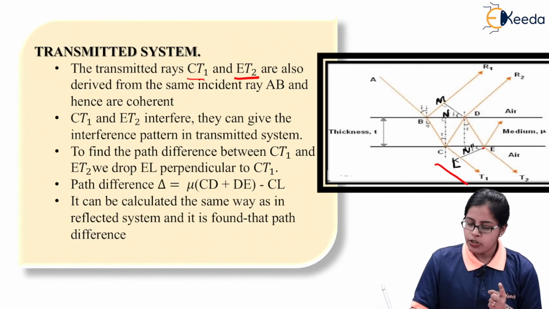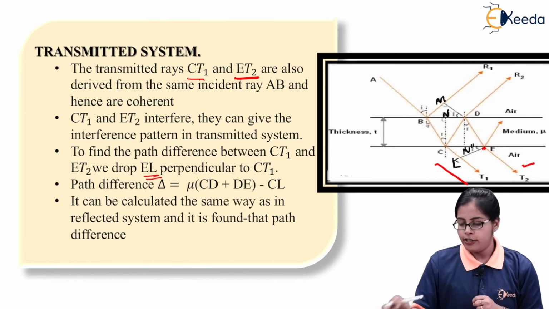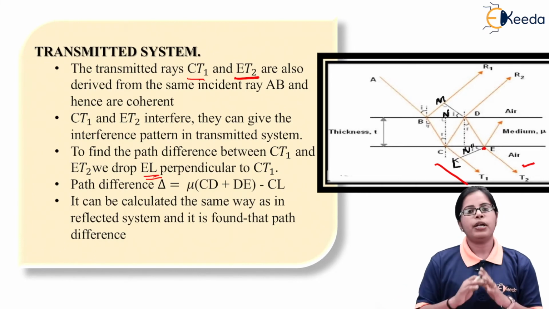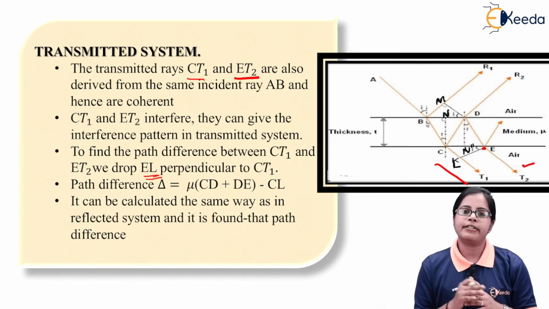As we are talking about only two rays, CT1 and ET2, I am dropping a perpendicular from point E on the ray CT1, and the perpendicular is written as EL. Then we keep on doing the same calculation as we have done for the reflected system.